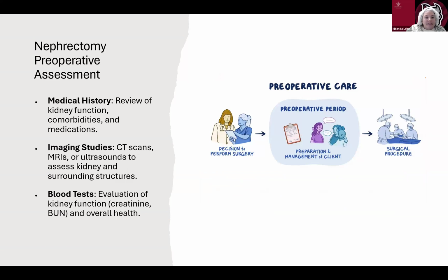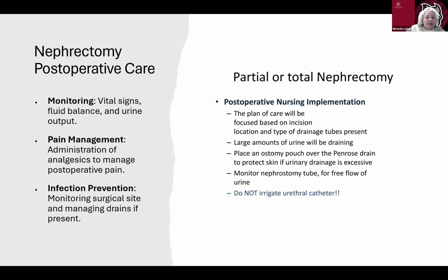Your nephrectomy pre-op assessment is going to be medical history, imaging studies, and blood tests. And then your post-op care is going to be monitoring vital signs, fluid balance, urinary output, pain management, and infection prevention. There might be some ostomies that you might have to manage, so that's why I have that here.